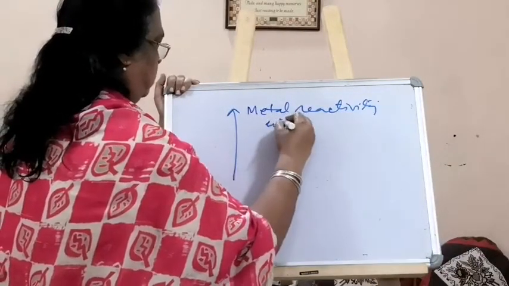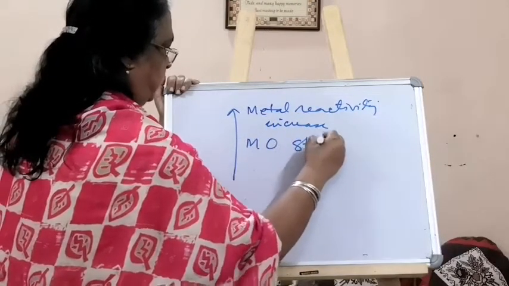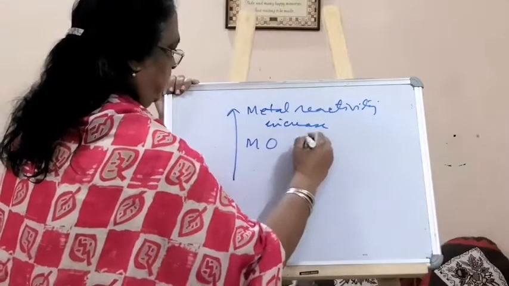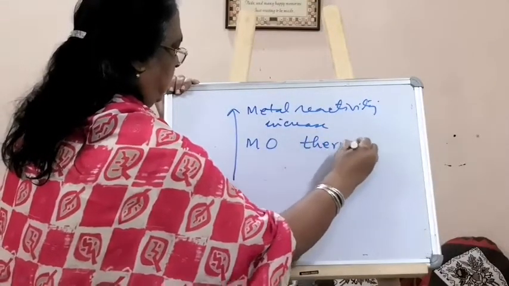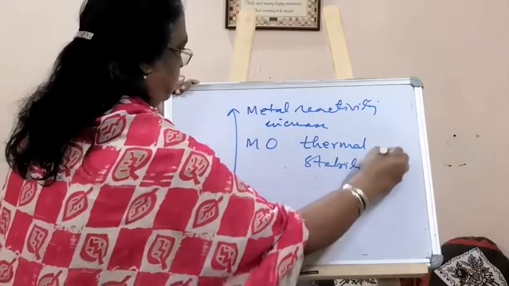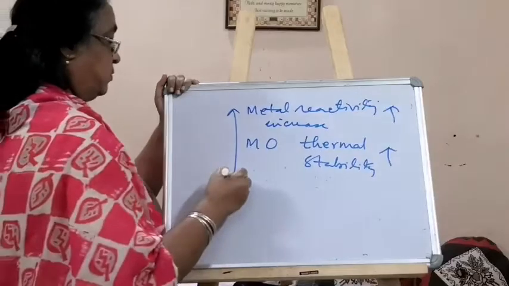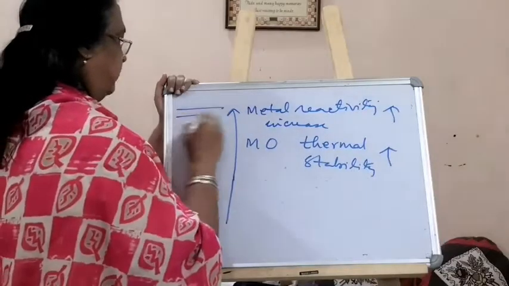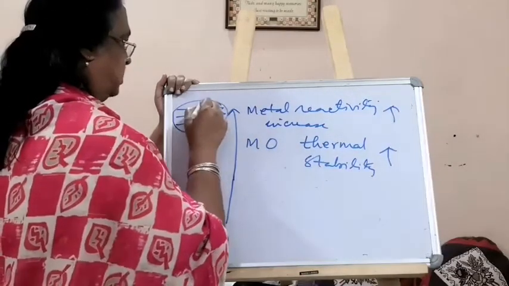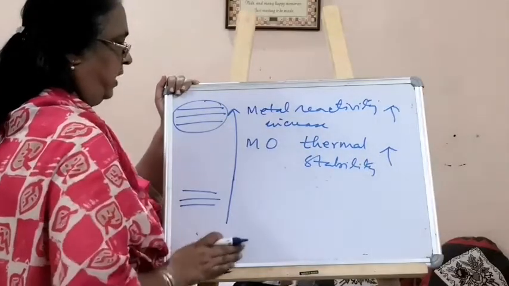So metal oxide thermal stability, which means stability on heating, also increases. It means the metallic oxides which are here are more stable than the metallic oxides which are here, as we are moving down.